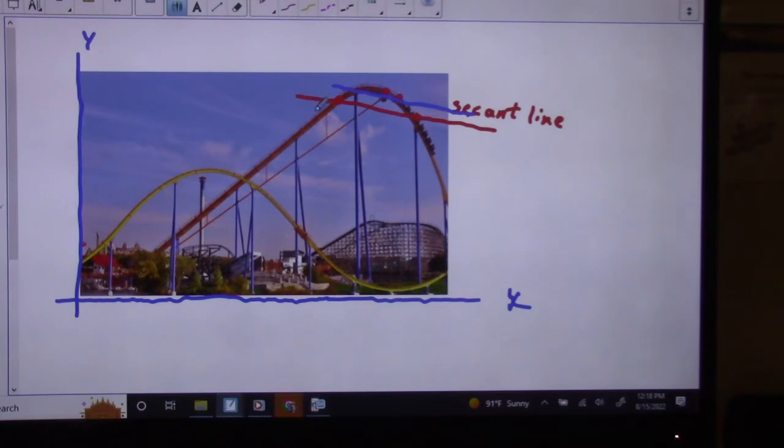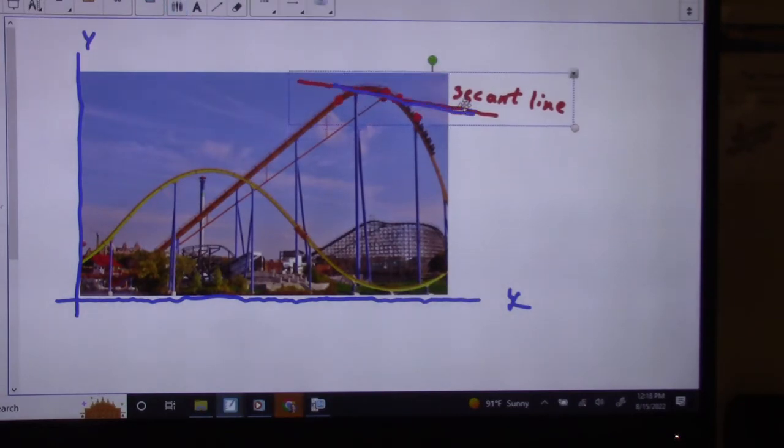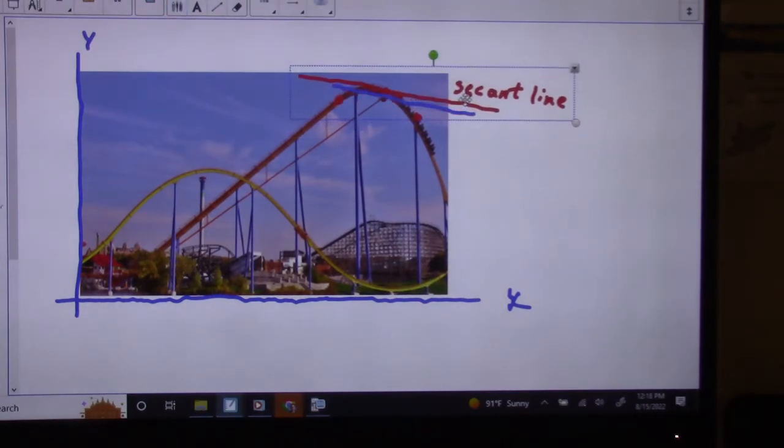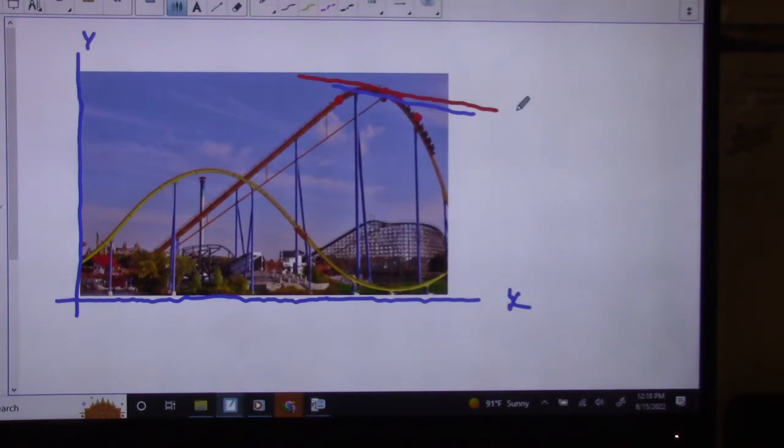And through the limiting process, we get it infinitesimally closer until the line comes right here. When we find the slope of the line at that point, it ceases to be a secant line and becomes what we call a tangent line.